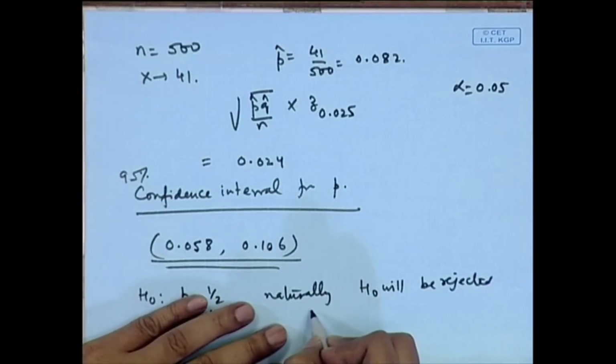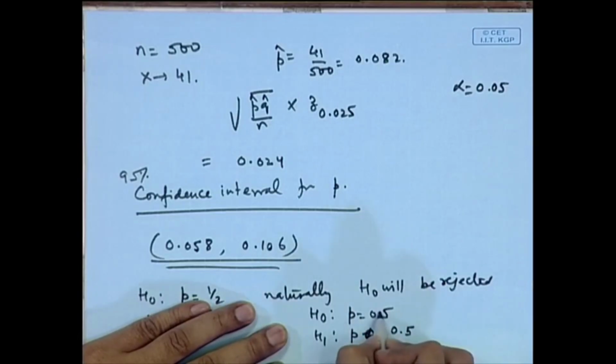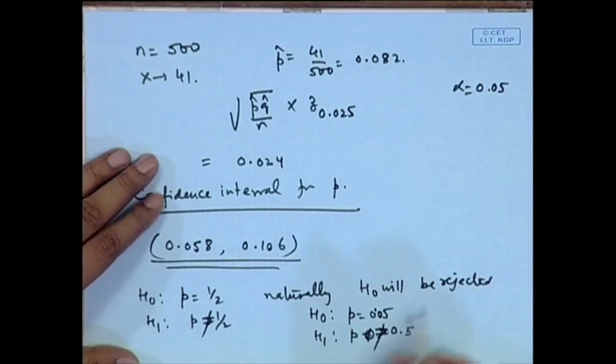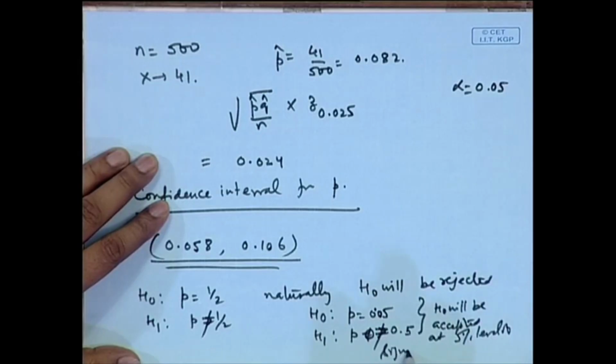On the other hand, if we are considering the hypothesis p is equal to 0.05 against H1: p is greater than 0.05 or p is not equal to 0.05, then this H0 will be accepted at 5% level of significance.